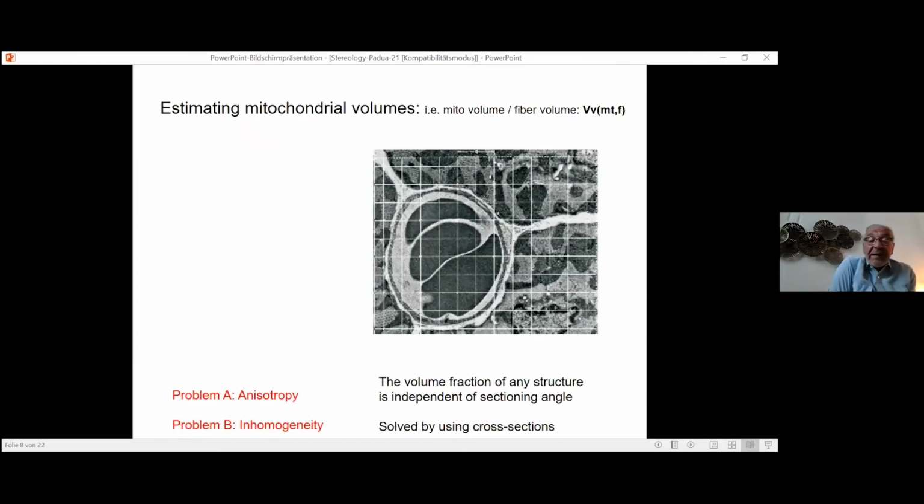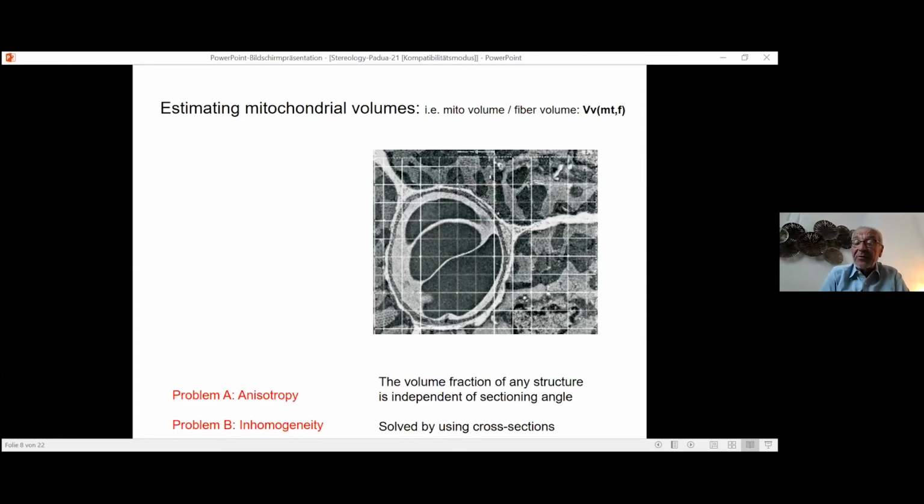Now let's see how we measure, for instance, mitochondria. How we actually would do that is you count the number of these cross-section points that fall on fiber, total number of points falling on fiber, and relate it to the number of points that fall on mitochondria.